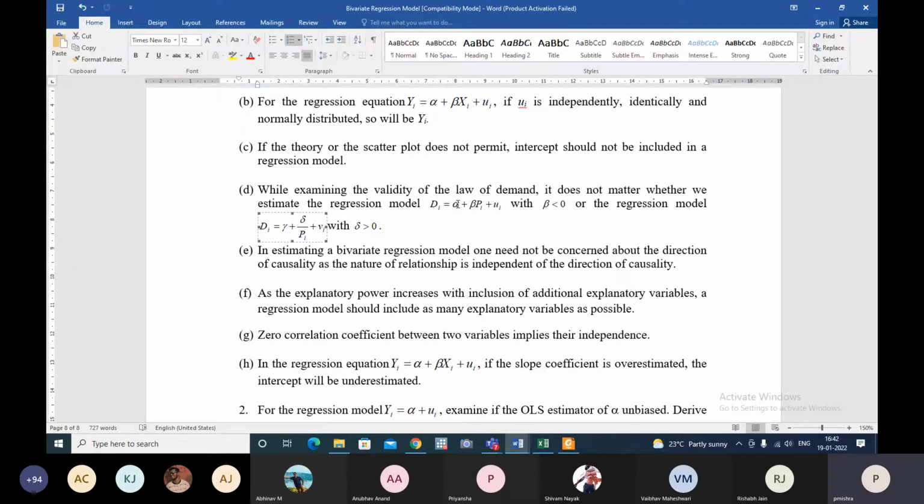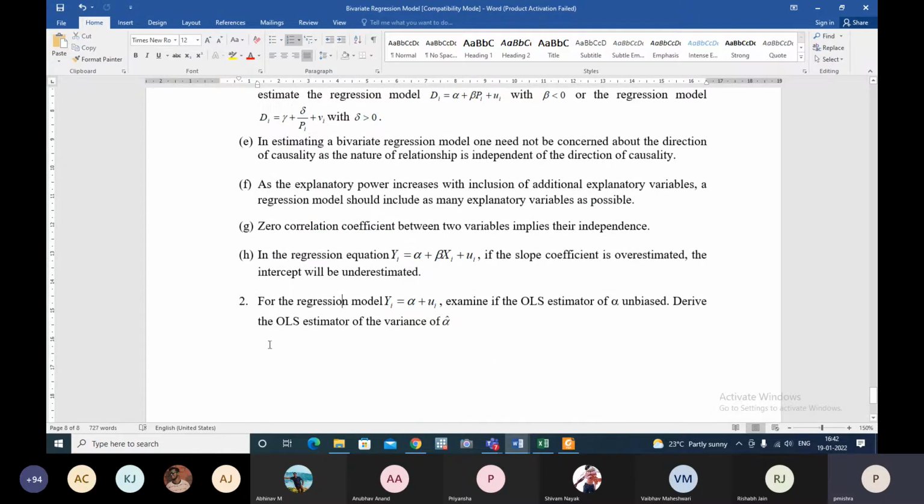Like, here I have given one question for the regression model where we have just the intercept and we don't have any independent variable or the slope coefficient.